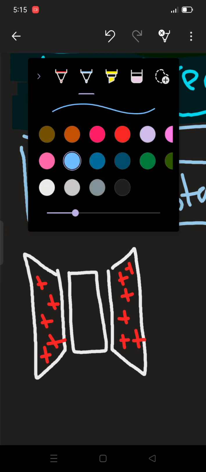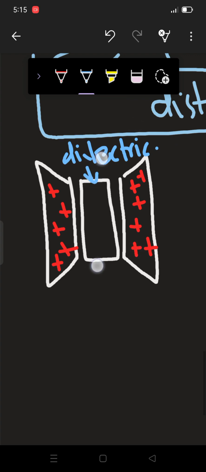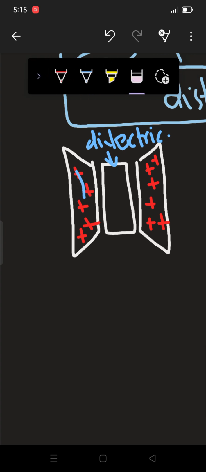So this is the dielectric plate. Wait, I need to make the negative charges here, right? So negative, negative, negative, negative, negative.